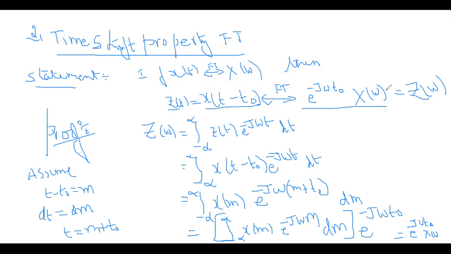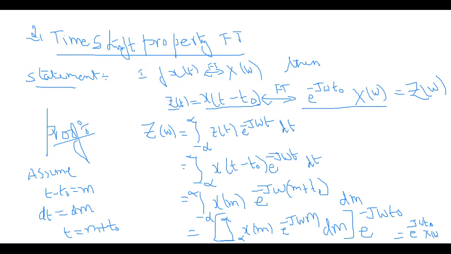And these two are the Fourier transform pair. So for the time shift property, the time is shifted by t naught. Applying the Fourier transformation to this signal, you get x of omega multiplied with the negative exponential e power minus j omega t naught.